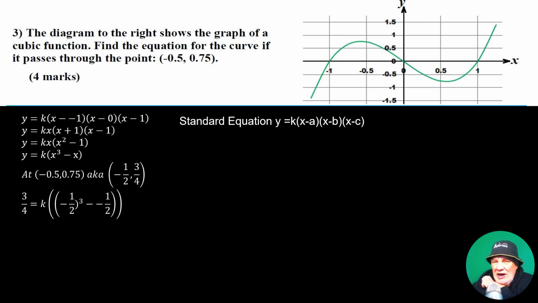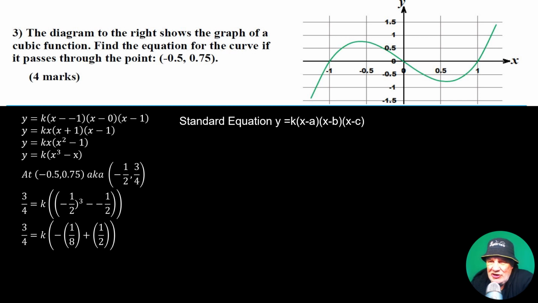So we get 3/4 equals k times (-1/2) cubed minus (-1/2), because remember that the x is -1/2. So put that into the equation and do the cube really.